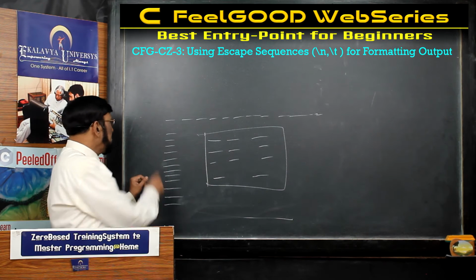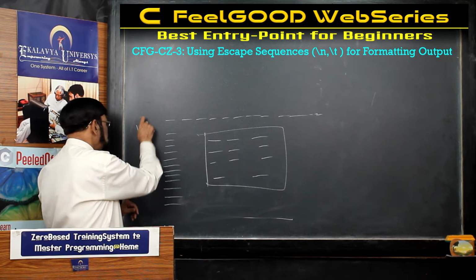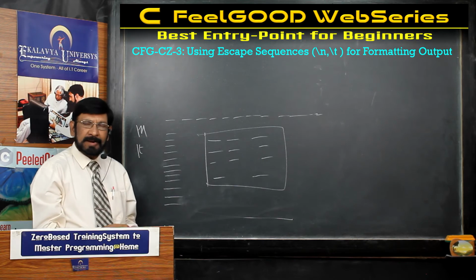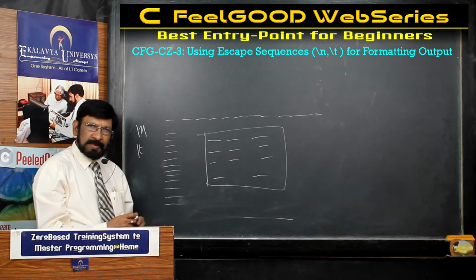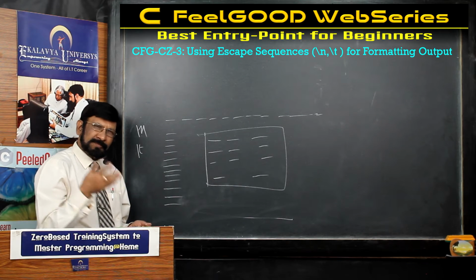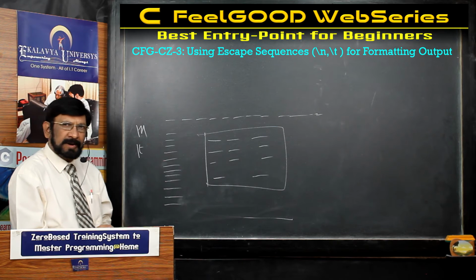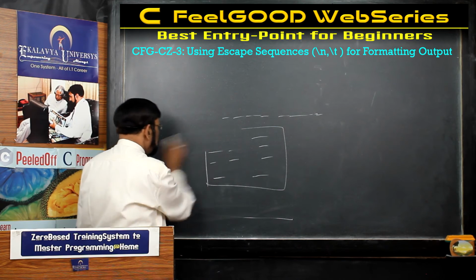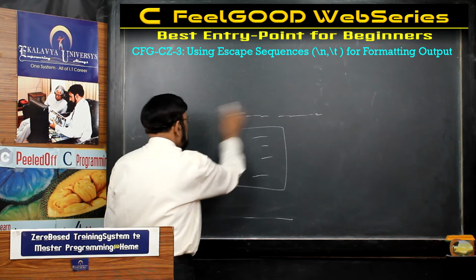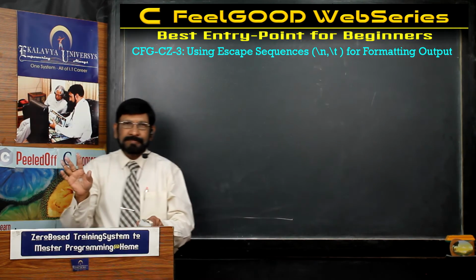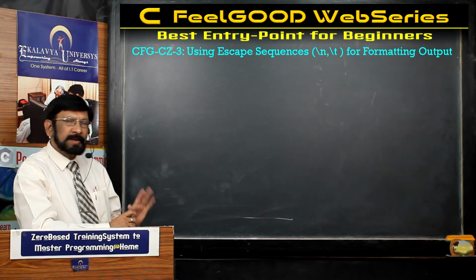So for breaking purpose, we use a new line sequence, and for placing purpose we use horizontal tab. Now I am going to explain them here, and in the next programs we implement them. First theoretically understand, thereafter you implement that. Now one thing you must remember, these should be used only in printf statement, not anywhere else.